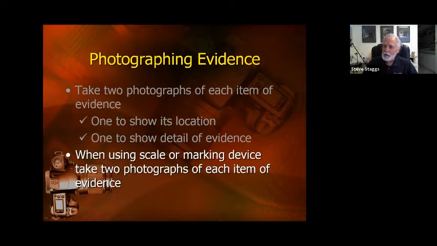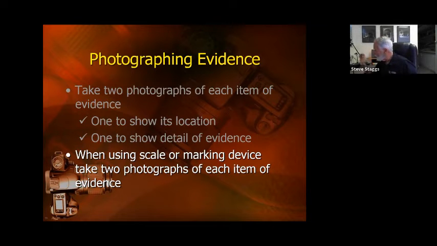If we're going to use a scale or a marking device, we need to have 2 photographs of each item of evidence, one without the scale or marker and one with. So if you're going to be putting a numerical marker showing item numbers in your scene, and you're going to take a photograph with the marker showing, which is fine, you need to have at least one photograph where there is no marker.